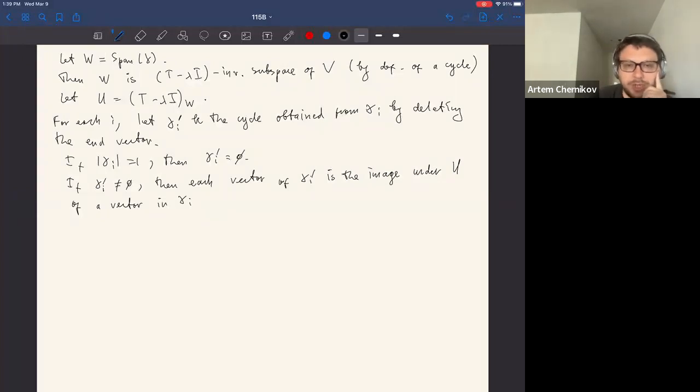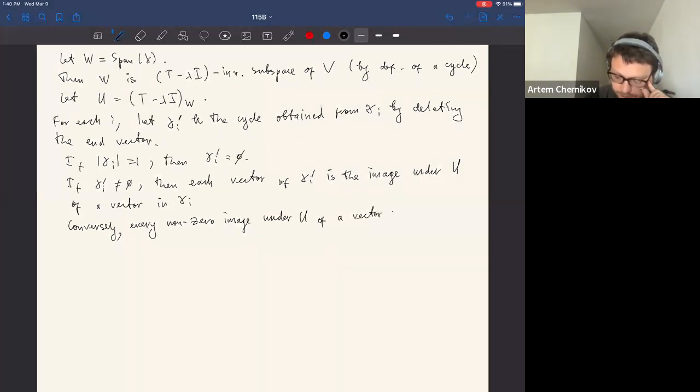And conversely, every non-zero image under U of a vector in gamma i is contained in gamma i prime.